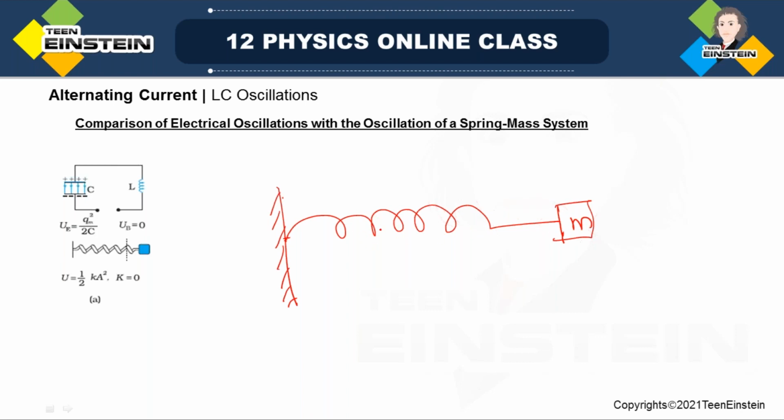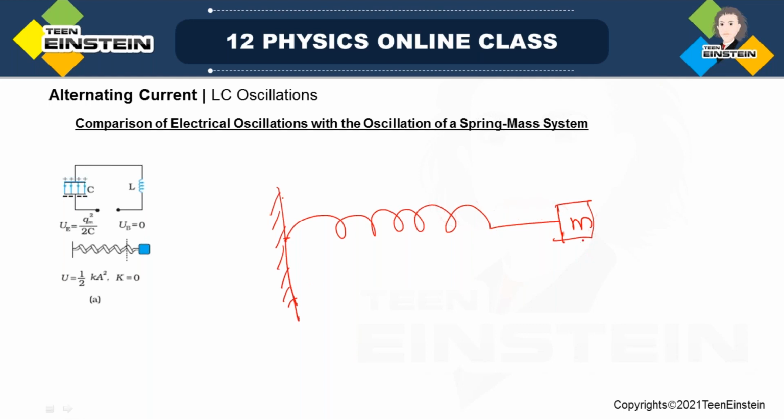Now see, suppose this is the normal configuration or the natural length of the spring.